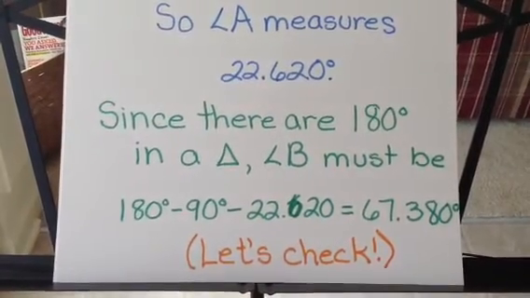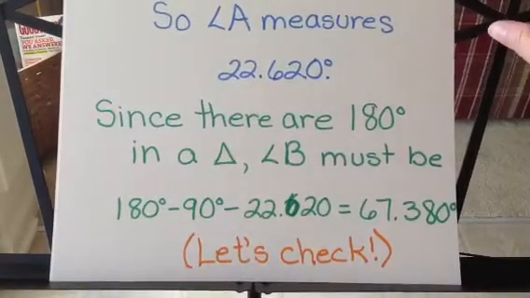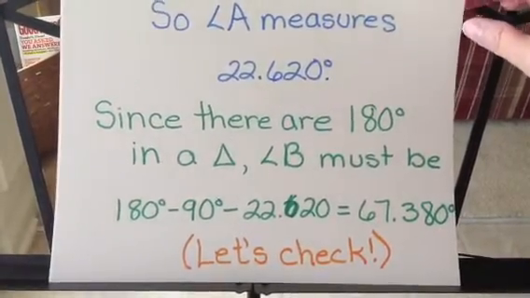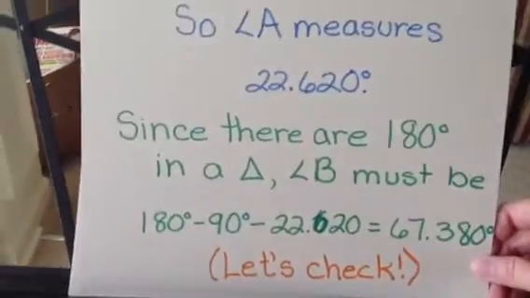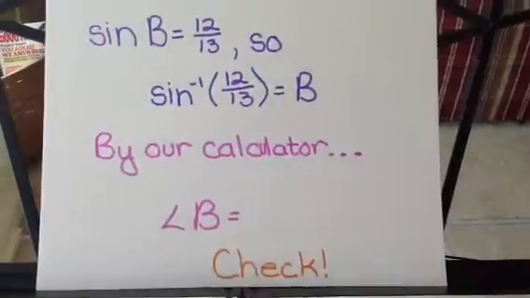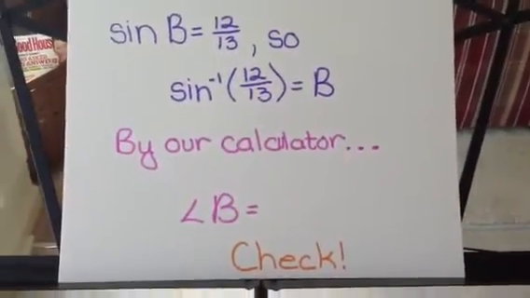Now, we went through all the trouble to find all the trig functions of angle B, so let's see if it really works. We did the simple calculation of subtracting from 180 to find angle B. Now let's look back at what we found for angle B.